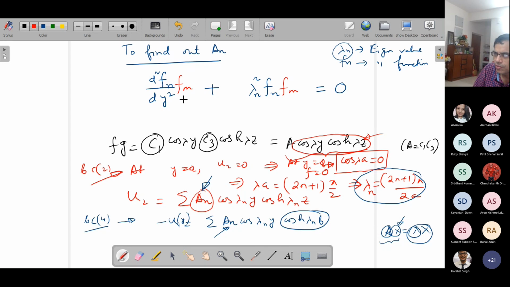So we multiply by Fm, multiply with dy and integrate, from y equal to 0 to y equal to a. That is our domain of y. Now we will carry out this integration.